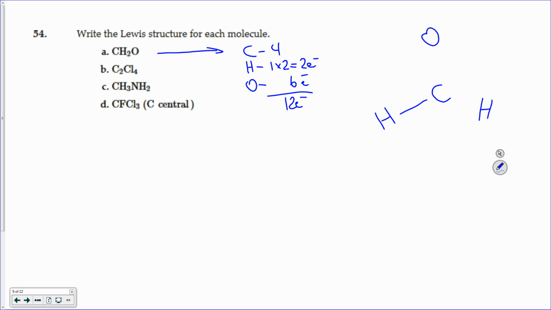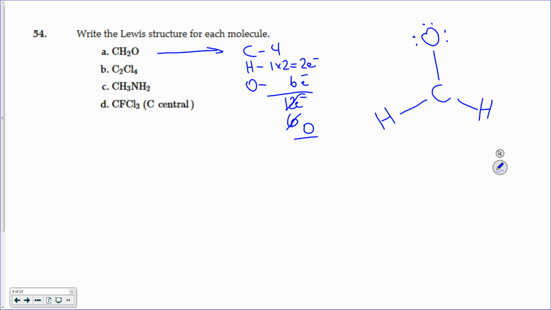So make single bonds between everything. If I make single bonds, how many electrons did that use? 6 electrons, so now I've got 6 left. Now I fulfill the octets around the exterior atoms. The only thing that needs electrons is the oxygen. Hydrogen has its duet. It's already happy. So I put 6 electrons around the oxygen, and I'm out of electrons.